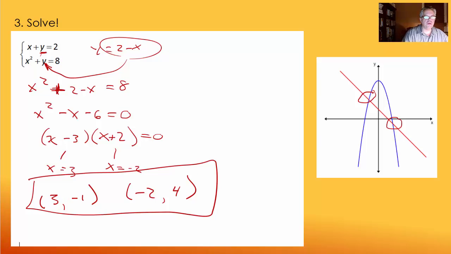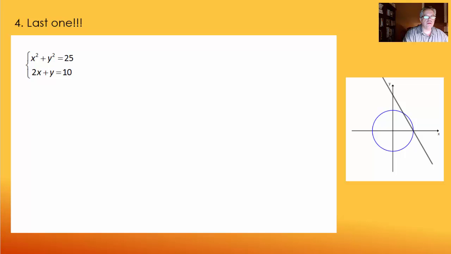All right, we got one more. So this one, let's see how this goes. We have a circle. X squared plus y squared equals 25 is an equation for a circle centered at the origin with radius 5. I don't know if you remember that from an ACT prep or not, the equation of a circle.